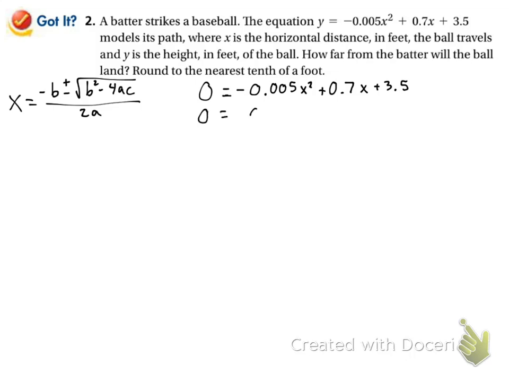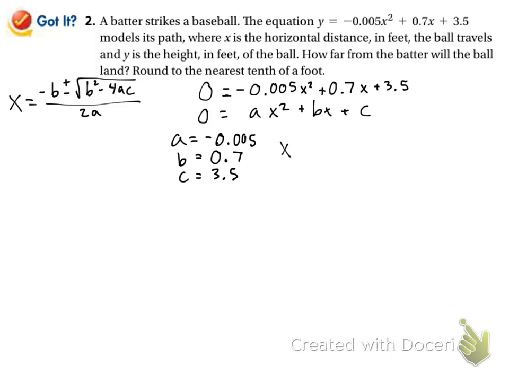So if it helps, put the 0 in place, and compare it to our standard equation. So we get that a is equal to negative 0.005, b is equal to 0.7, and c is equal to 3.5. And now we can plug it into the quadratic formula.